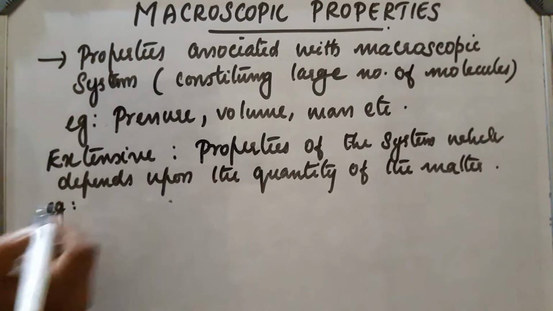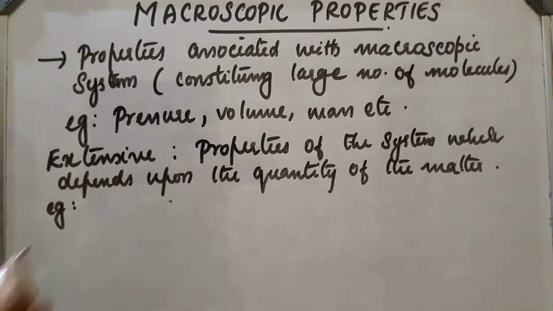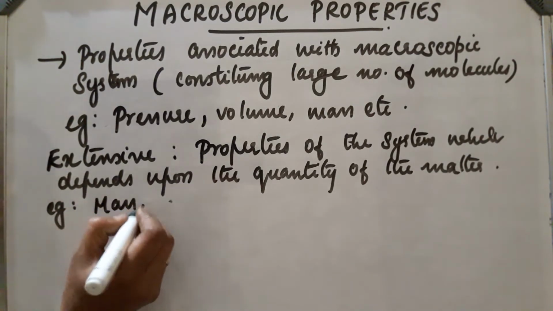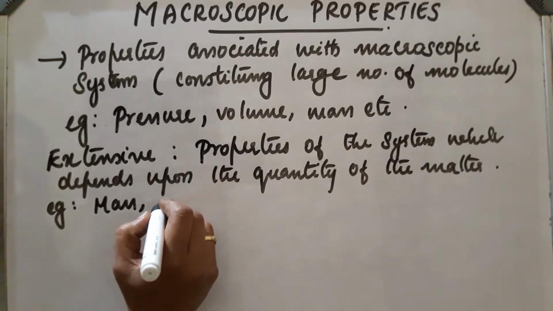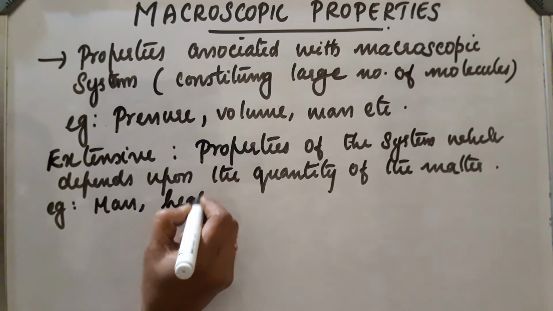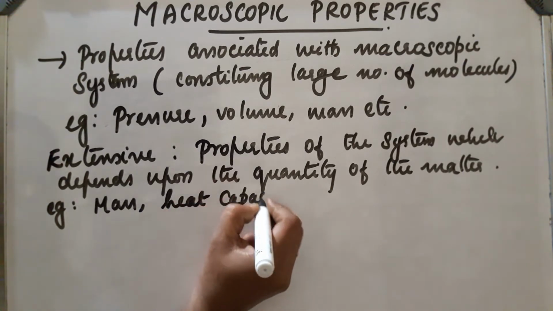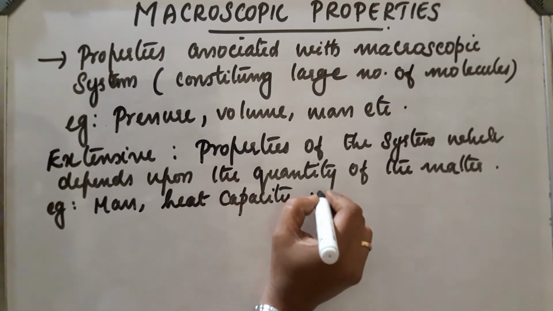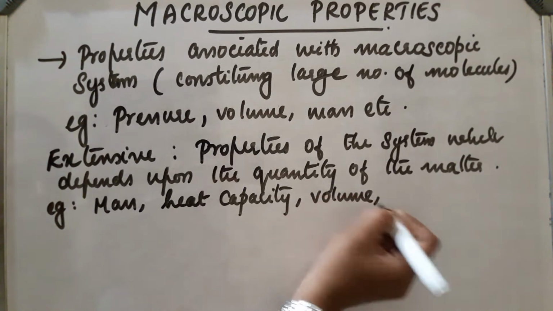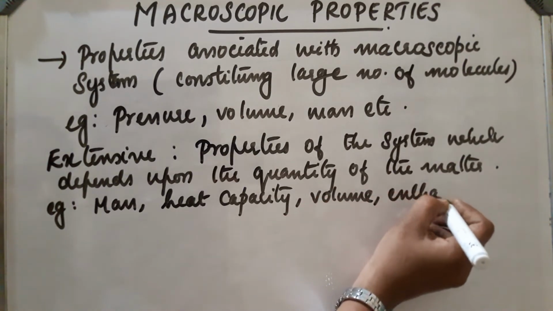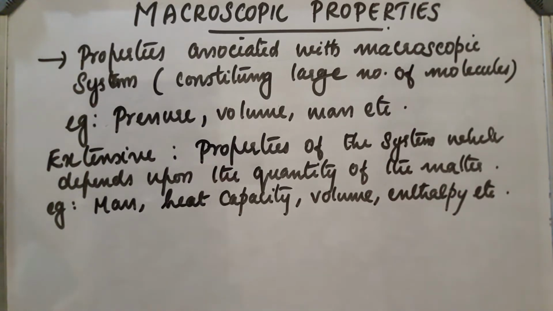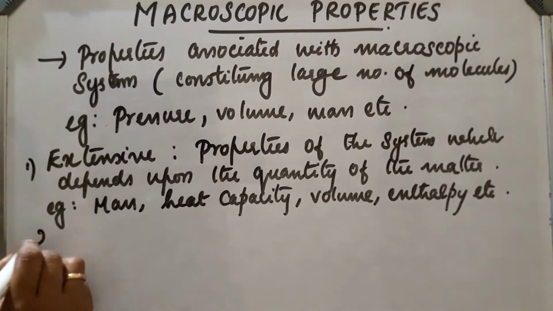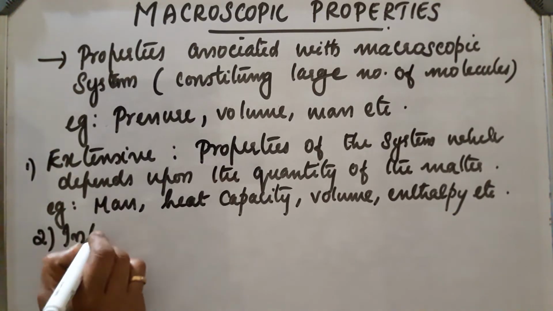Examples are mass, which depends upon the quantity of matter, heat capacity, volume, enthalpy, internal energy, etc. These are examples of extensive properties. Next, the second one is intensive property.